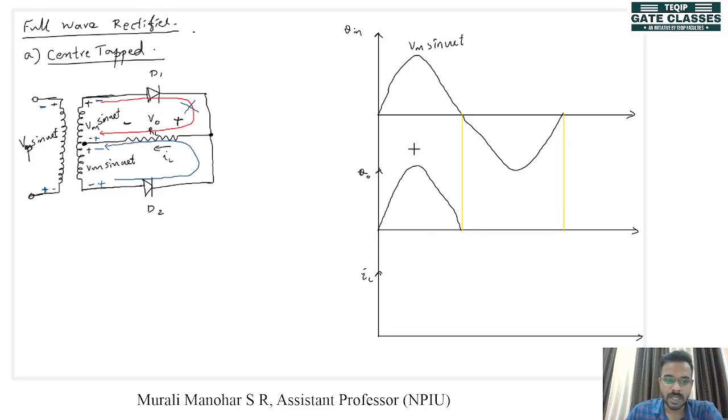The output will be positive. So this will be the output, and this repeats again and again. So when this is the output, what will be the load current? Load current will always have the same direction.